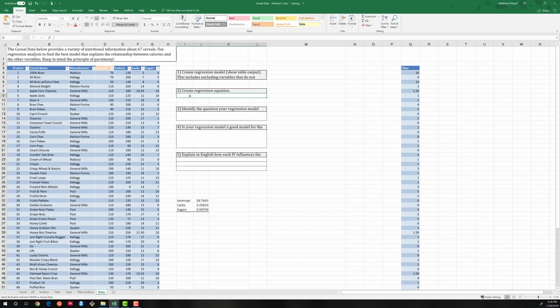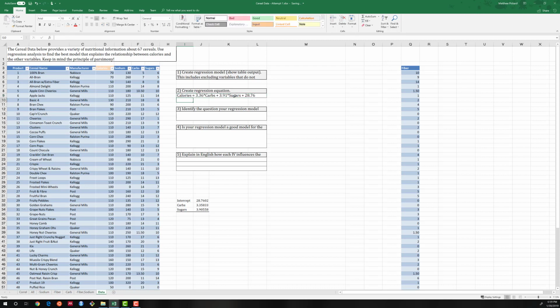Our regression equation would then be calories equals 3.35, rounded, times carbs plus 3.91 times sugars plus our intercept 28.76.